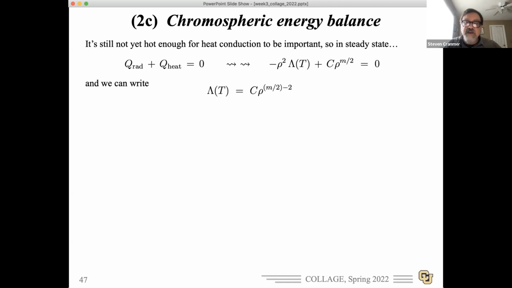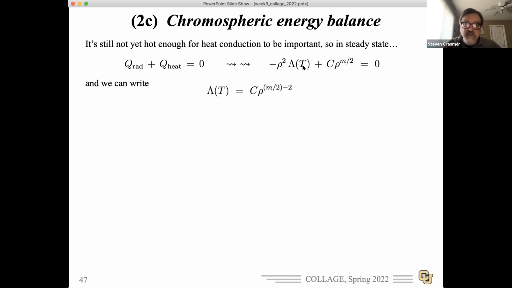The only thing that varies very strongly as a function of height as you go up from the photosphere into the chromosphere is the density, because the density is dropping like a stone by orders of magnitude every few hundred kilometers, because the scale height is so small compared to the solar radius. So the density dependence is important, and we can just take this equation.